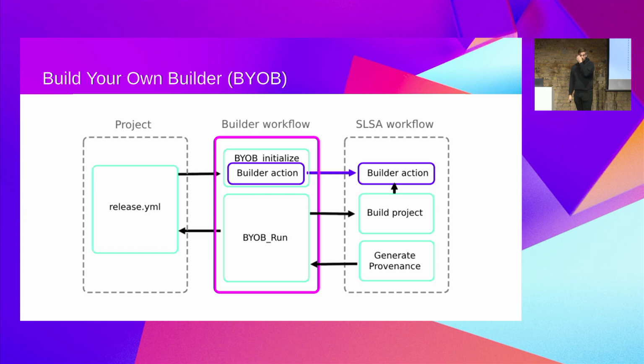So let's look at how to write a builder workflow. And this was primarily my practical part of the BYOB. I built one Maven and one Gradle builder workflow that built a Maven-based project and then generated provenance, and the same for Gradle-based projects.